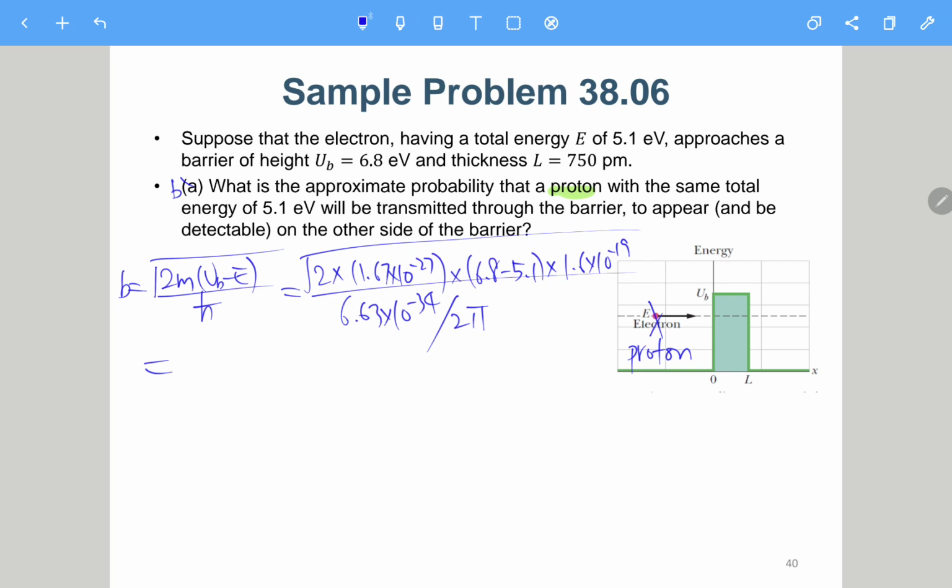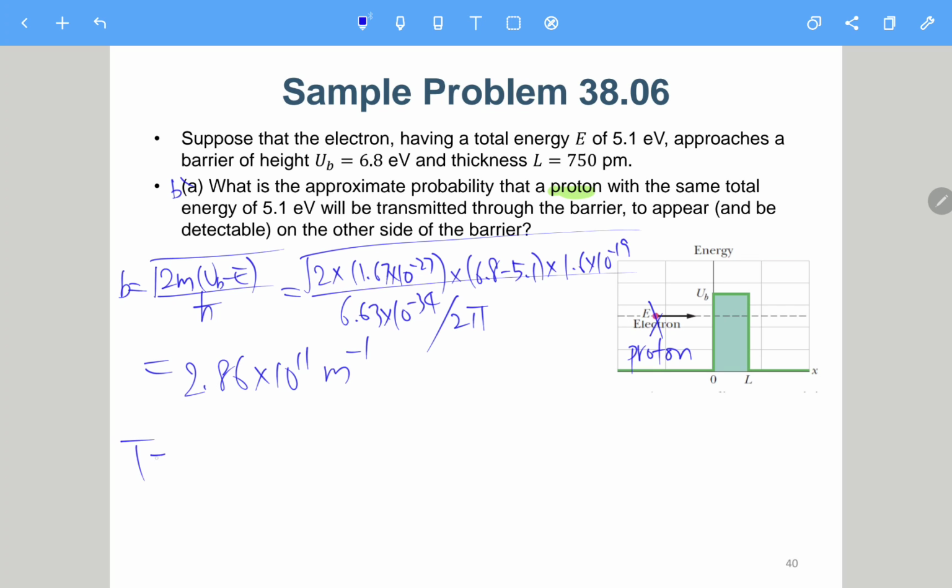So this B is much larger, 2.86 times 10 to the 11th power meter inverse. This is much larger, so the probability will be even smaller.